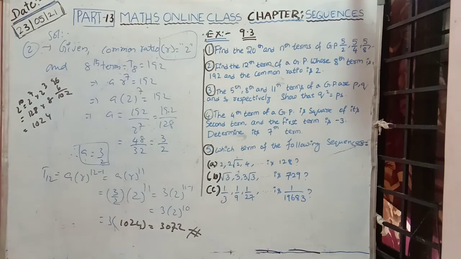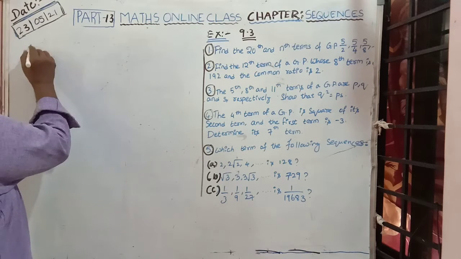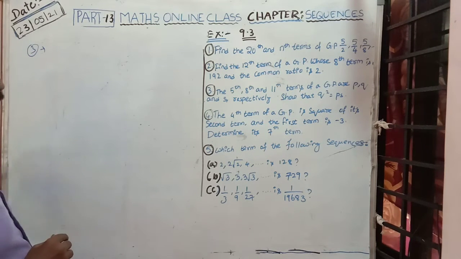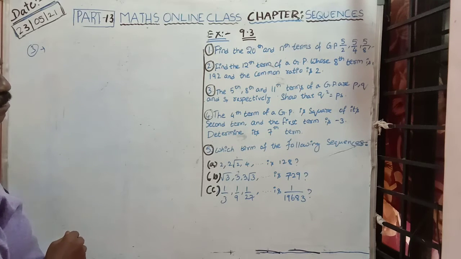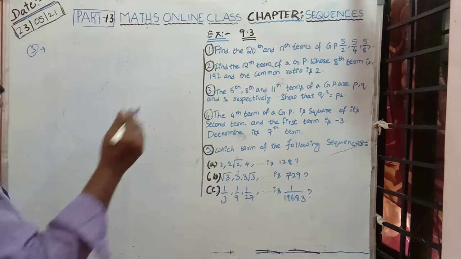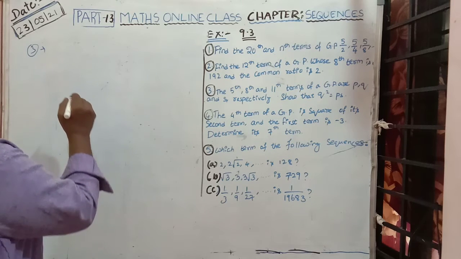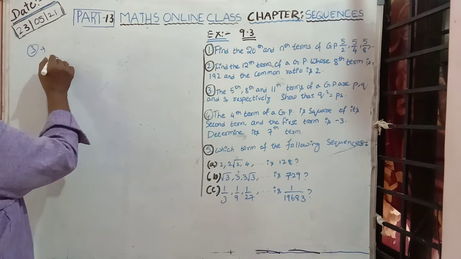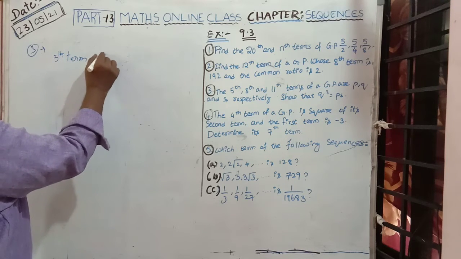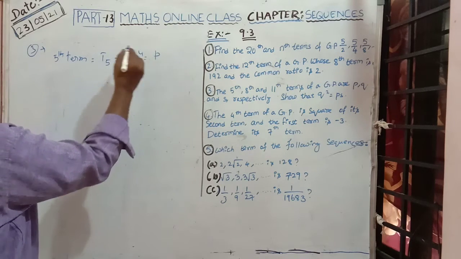Then, third. The third problem: the fifth, eighth and 11th terms of a GP are respectively P, Q and S. Then we have to show something. See, the fifth term T5 is equal to A R power 4 is equal to P. This is given.